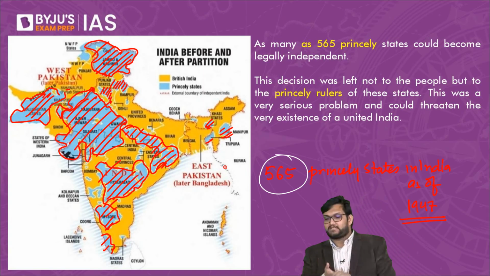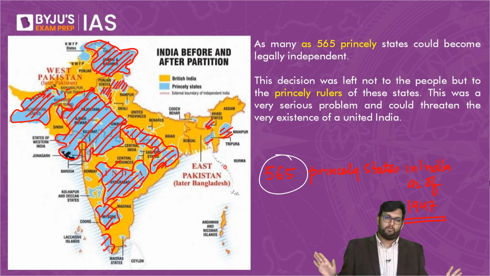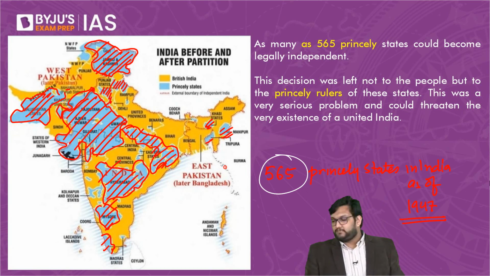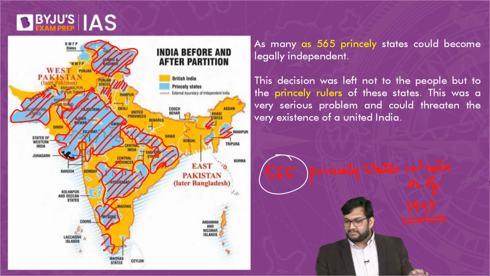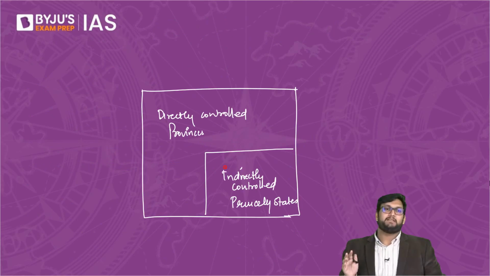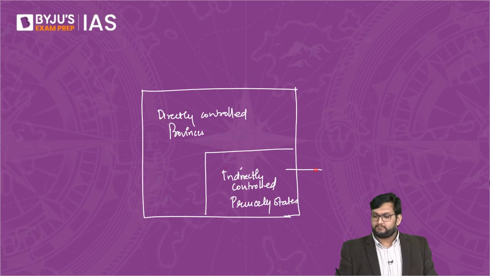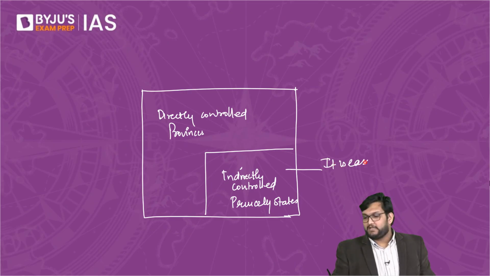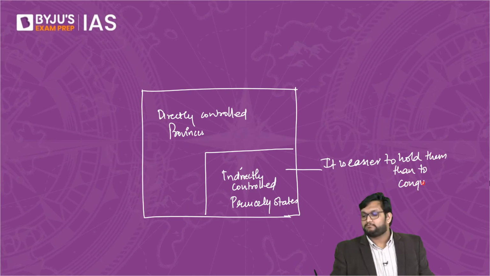Except for defense, communication and external affairs, everything they manage on their own. They don't care if the king is riding a horse or a lion, if he's burning cash, if he's doing whatever he wants to do. War is a costly affair. Basic point is, it is easier to hold them than to conquer them.